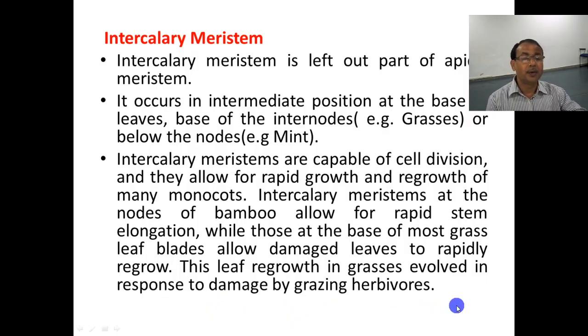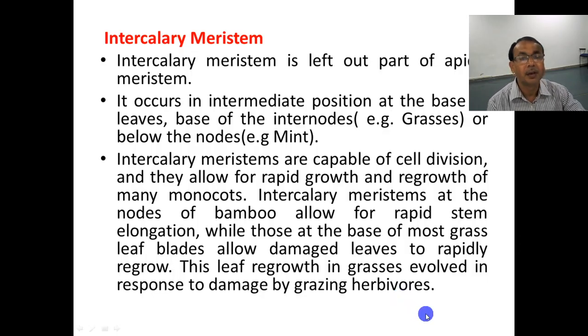The grazing herbivores eat away parts of leaves or the leaves. So what happens? Those parts or those leaves regrow because of the intercalary meristem. That is all about the intercalary meristem.